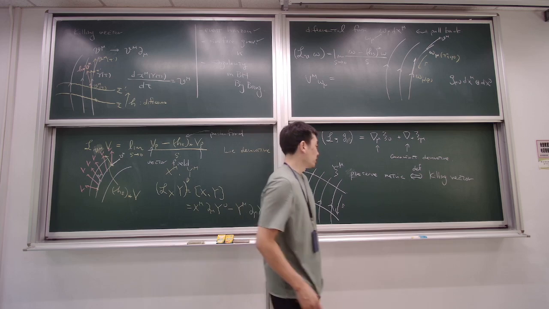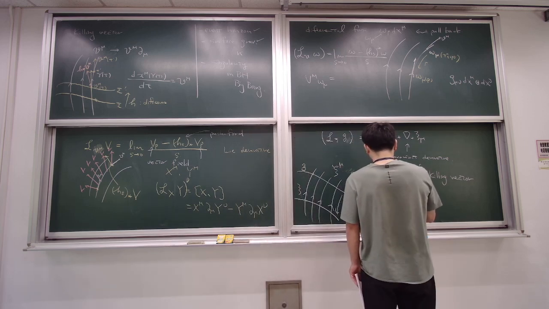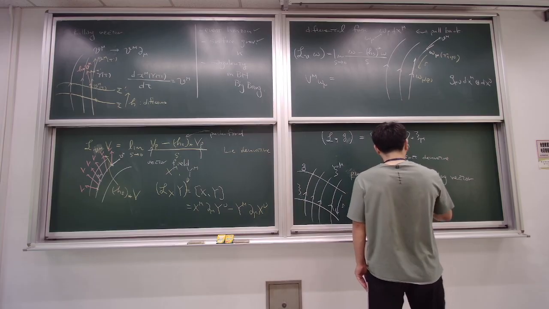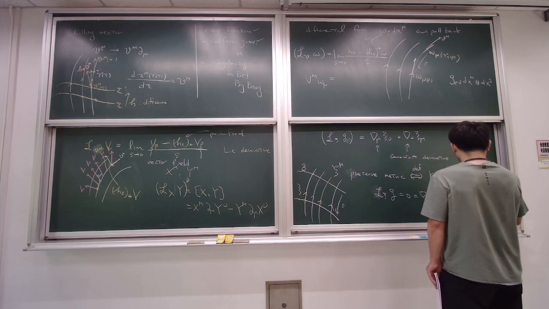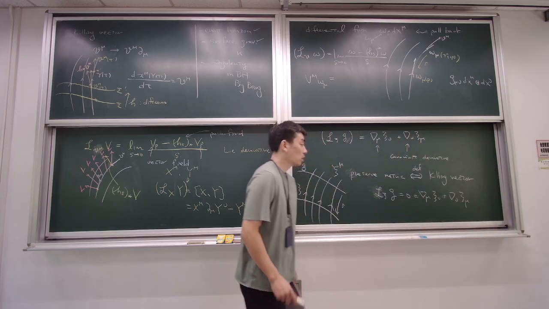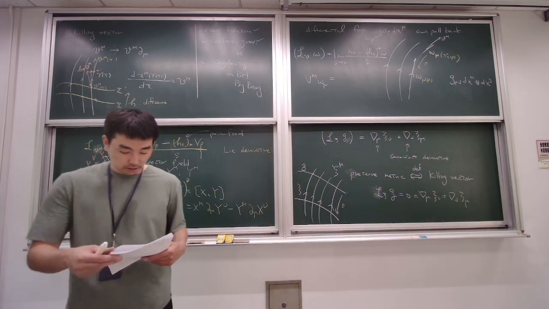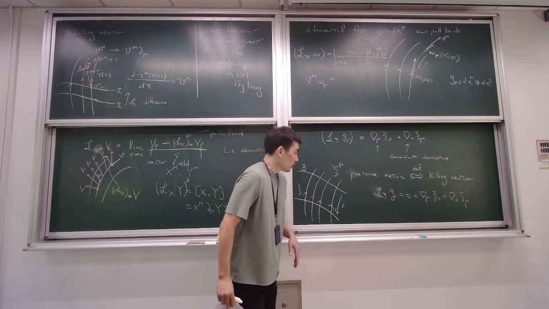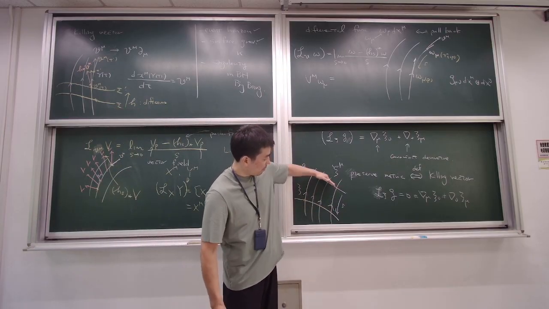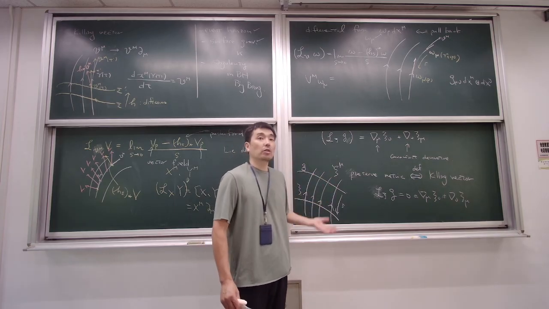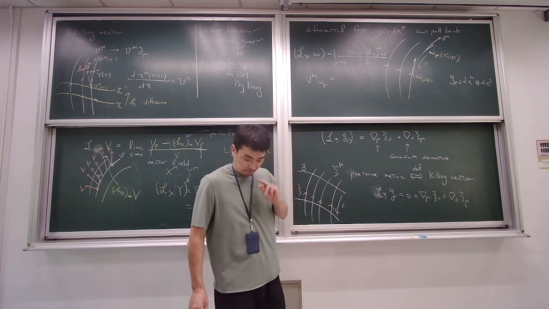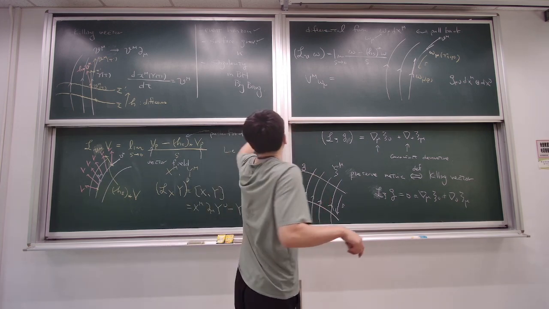That is equivalent to showing that the Lie derivative of g along C is zero, which is ∇_μ C_ν plus ∇_ν C_μ equals 0. If this is satisfied, it's called a Killing vector. So the metric induced by the pullback of the diffeomorphism is the same as the original metric.